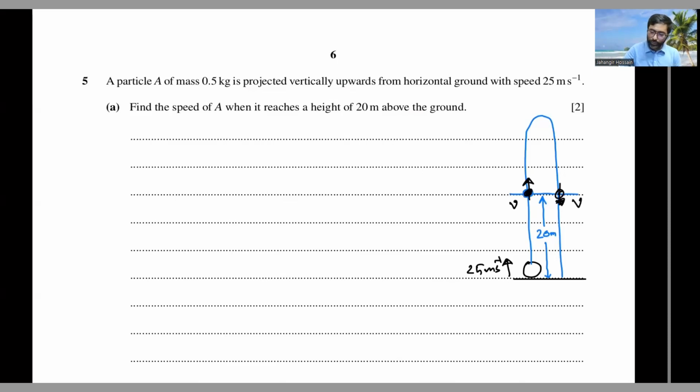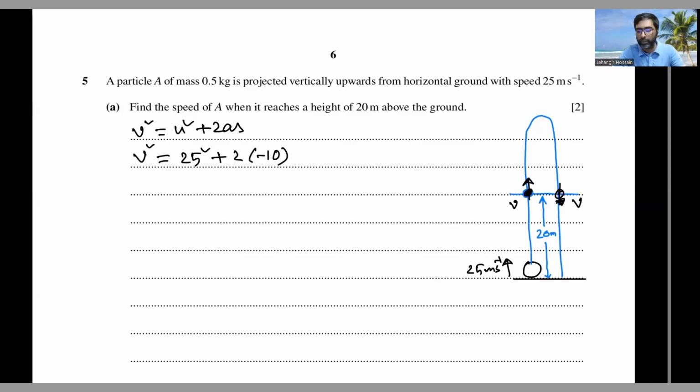Okay. So we know the initial velocity, we know the displacement, and we know the acceleration. So we can apply v square equal to u square plus 2as. The unknown is v. u is 25, a is minus 10. Why is it minus? Because we are considering upward positive, because the initial direction of motion is upward.